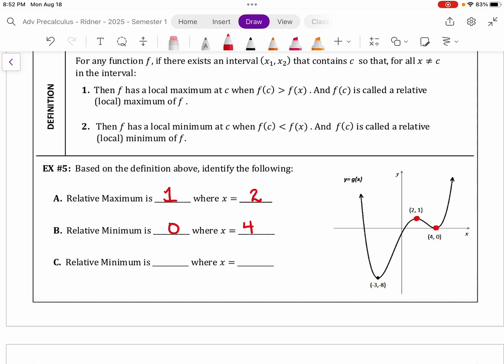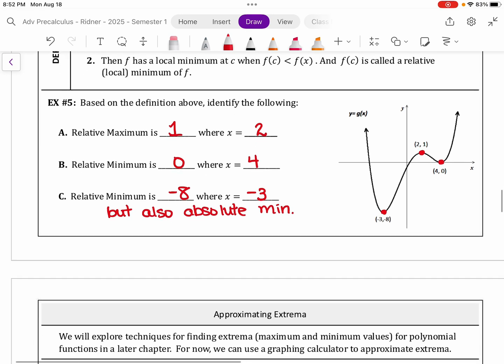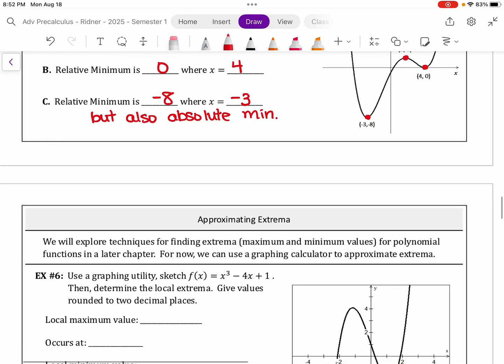Okay. We can call this a relative minimum. That's okay. It's at -8 when x equals -3. But this is also an absolute minimum. Okay. So really the only thing new there is maybe those words, as far as the way that sentence is structured.